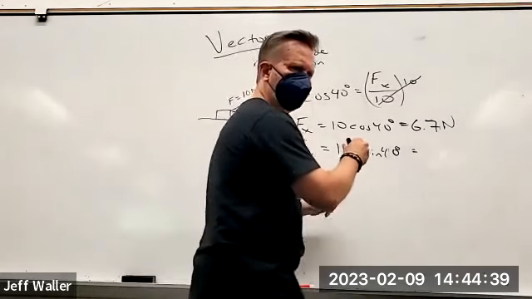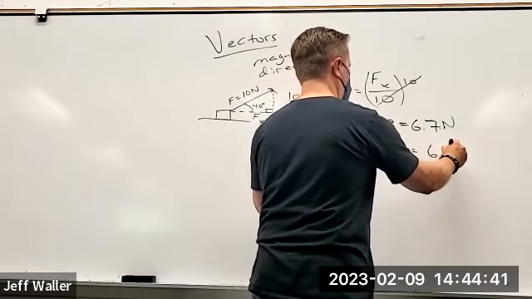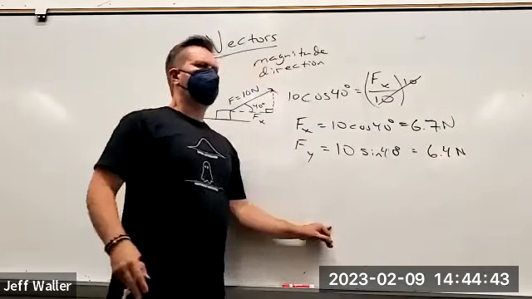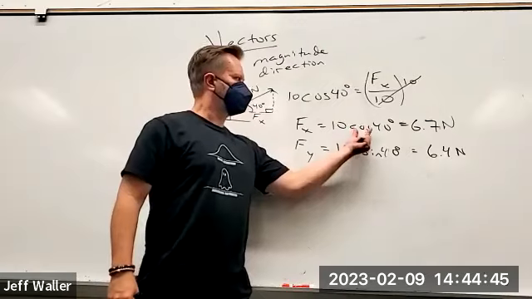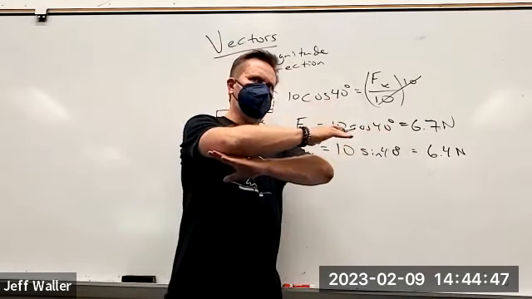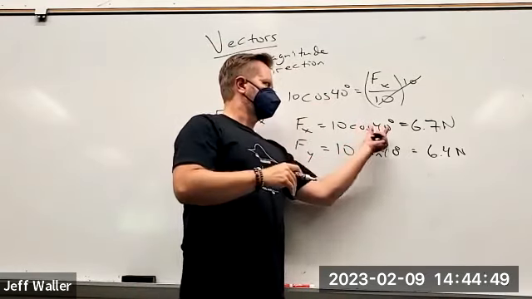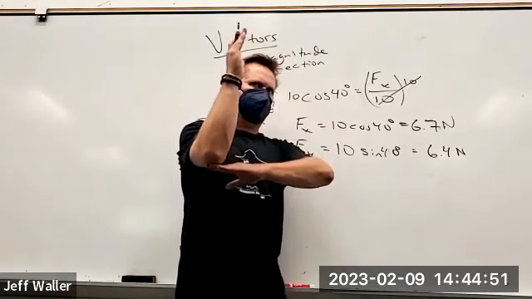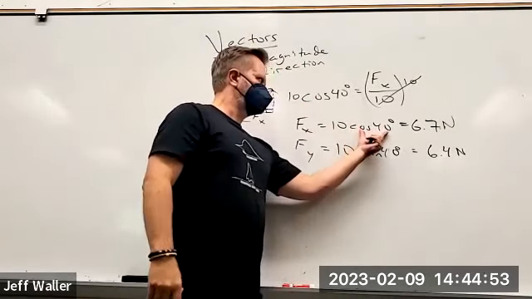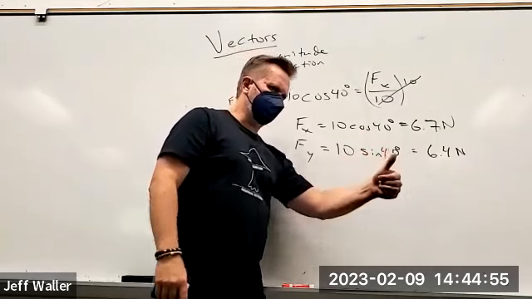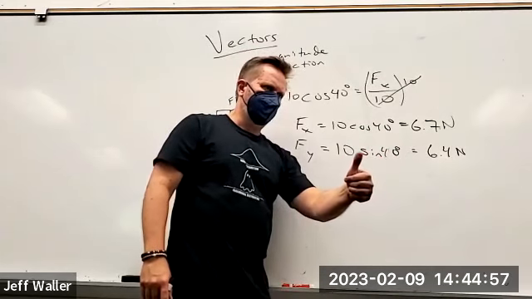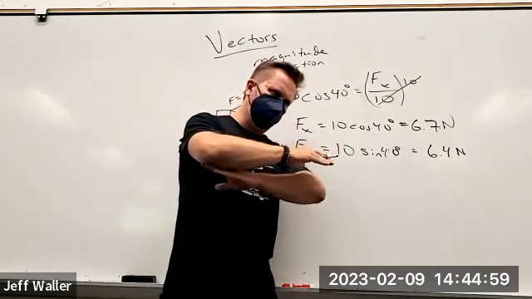Yeah, 6.4 sounds about right. How did I know that? Because doesn't cosine get bigger the closer it is to the x-axis? Isn't 40 degrees closer to the x than the y? So the cosine piece should be bigger than the sine piece. Does that make sense? Because 40 degrees is a little closer to the x.